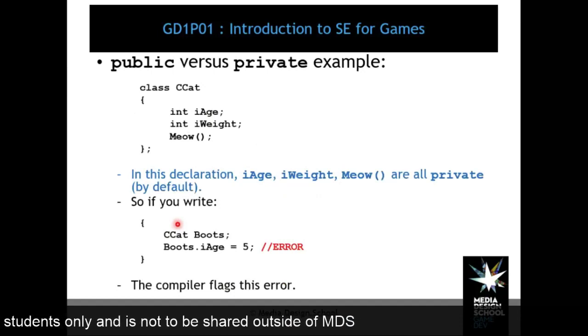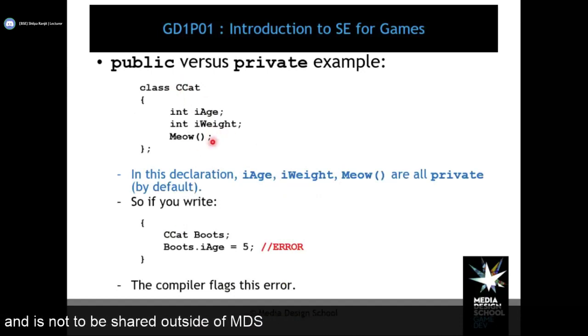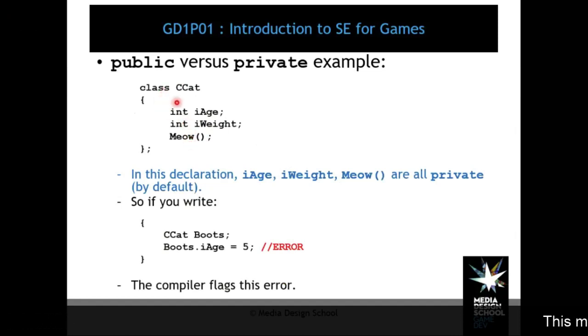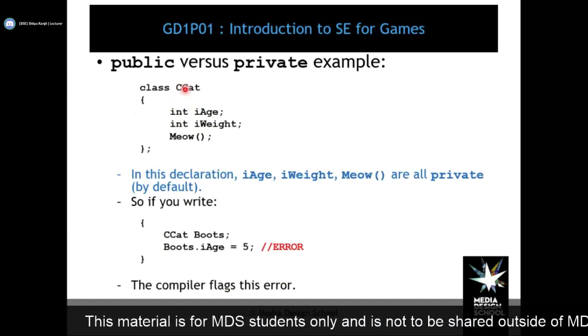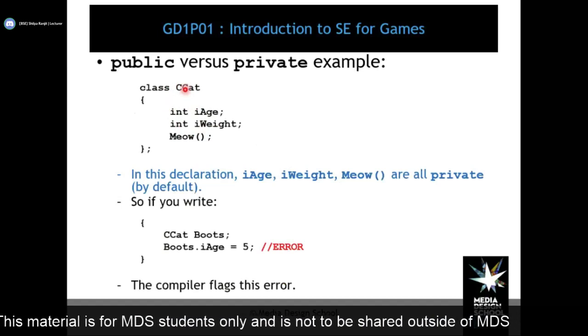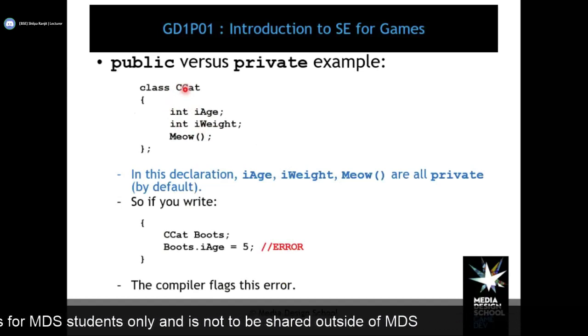Okay. So in this example, where we had CCat, we had iH, iWait, meow. We have neither mentioned private nor public, but a class always makes all its members private by default. This is because the purpose of the class is also to make its members abstract.